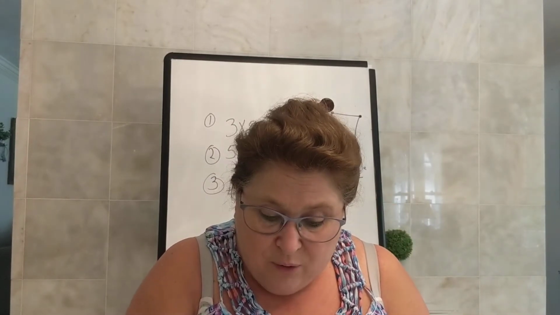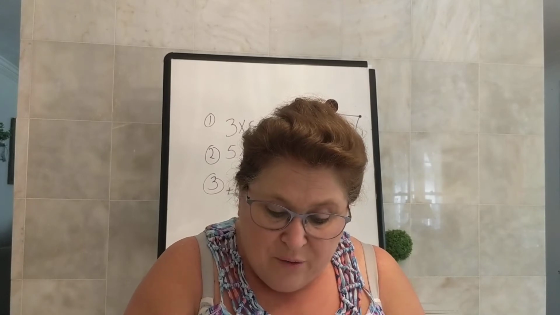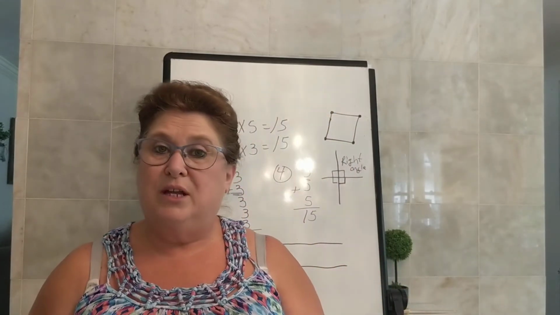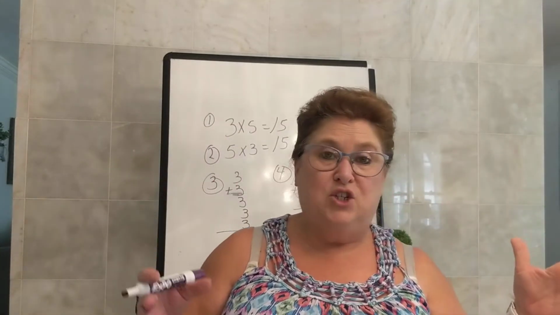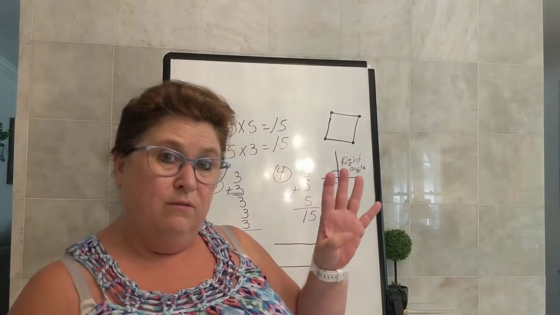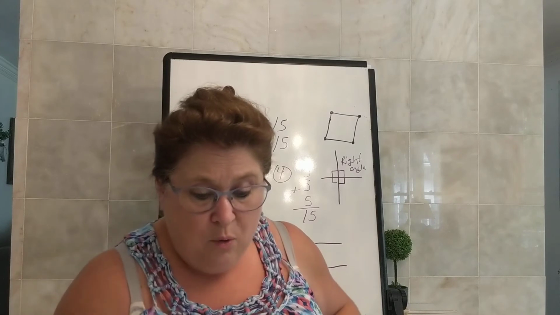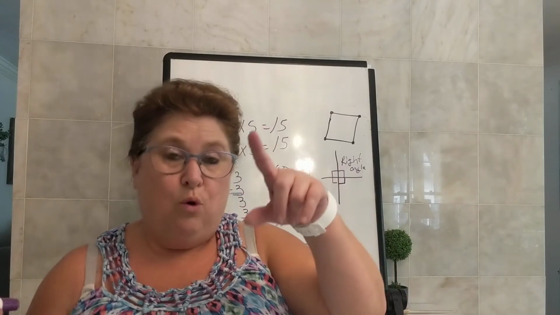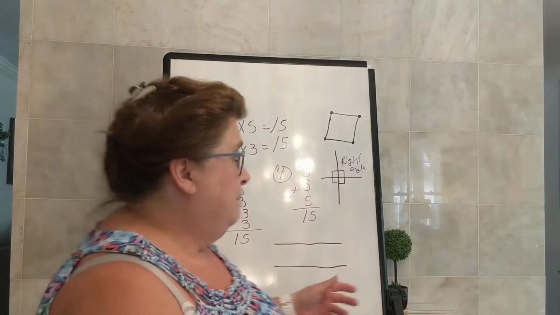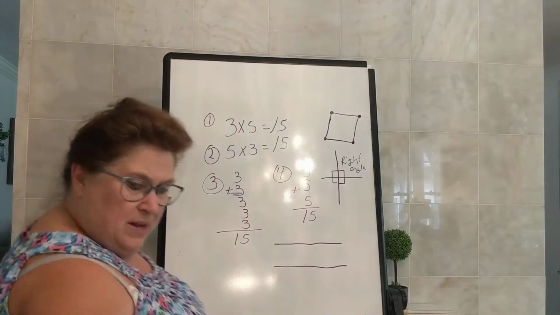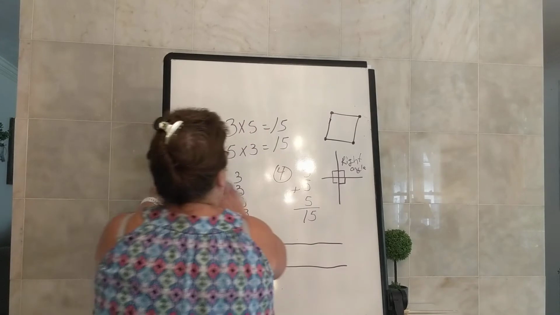All right, and then we have a parallelogram is a quadrilateral having opposite sides which are parallel. So remember, a quadrilateral was a shape with four sides and four vertexes. So our parallelogram is a quadrilateral whose opposite sides are parallel. So let's look. Let me erase some of this other stuff here.